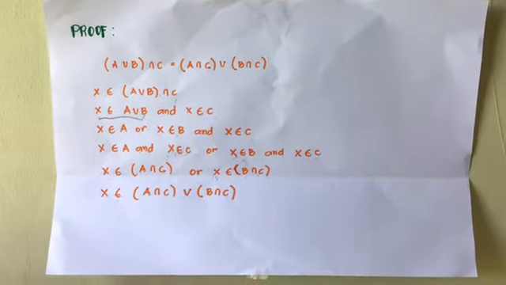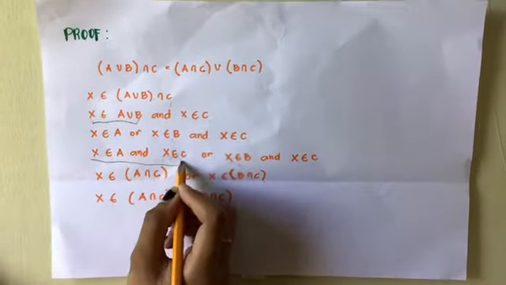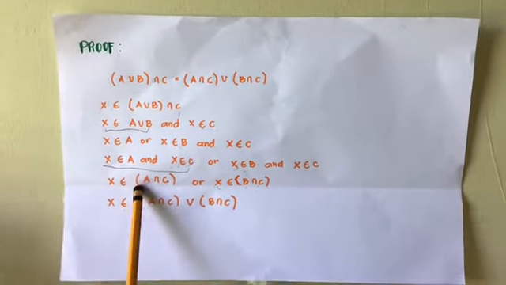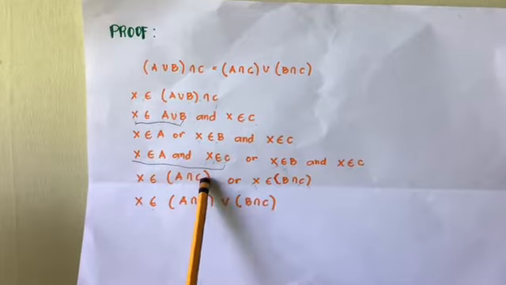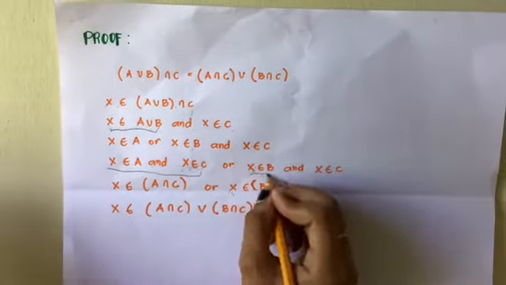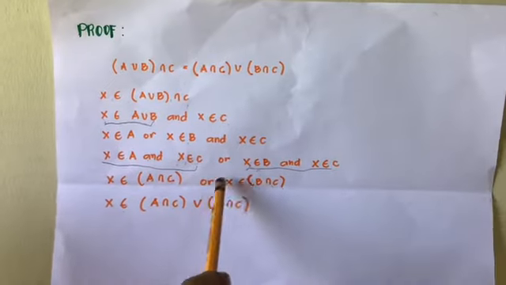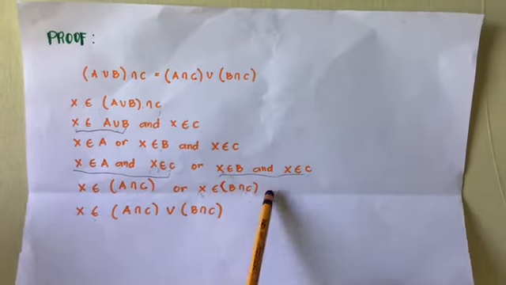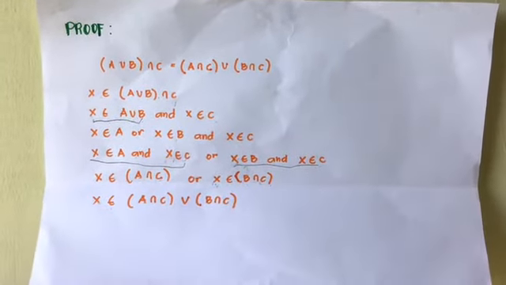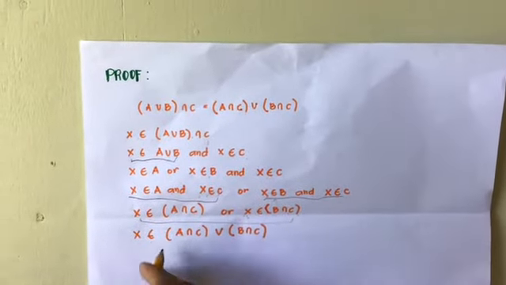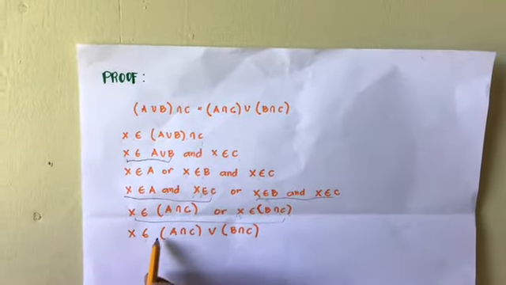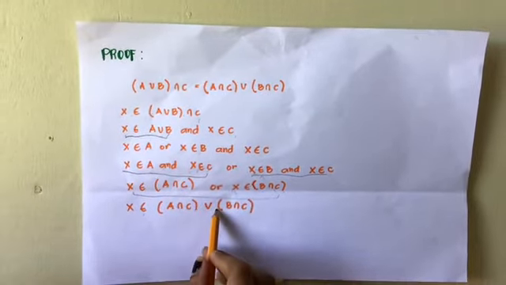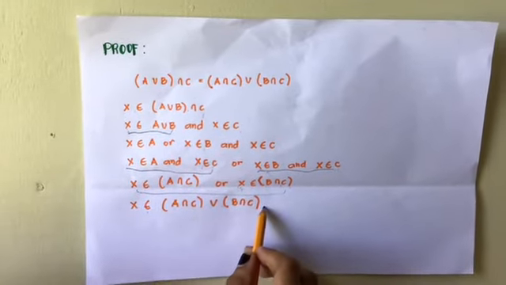So if this is true, from here we can definitely say that x is an element of open parenthesis A intersection C close parenthesis. And from here we can say that x is an element of open parenthesis B intersection C close parenthesis. So x is an element of open parenthesis A intersection C close parenthesis union open parenthesis B intersection C close parenthesis.